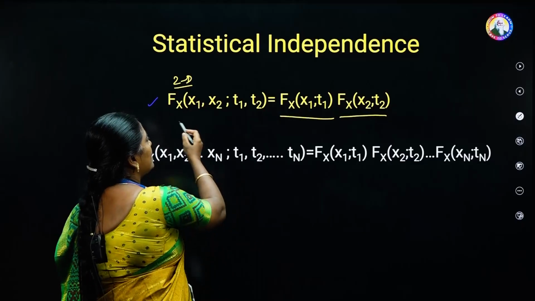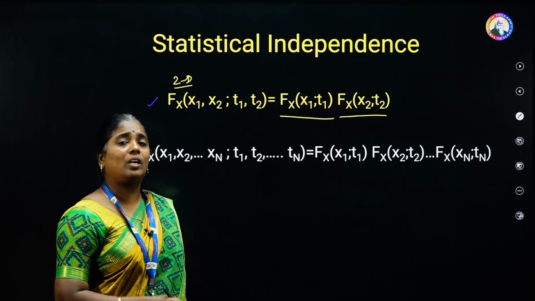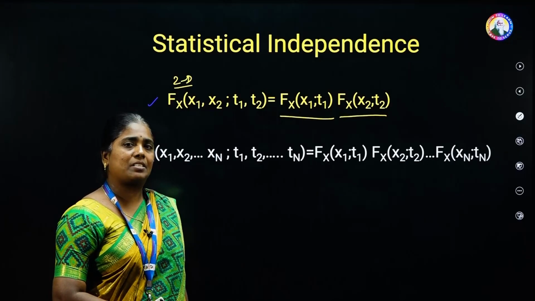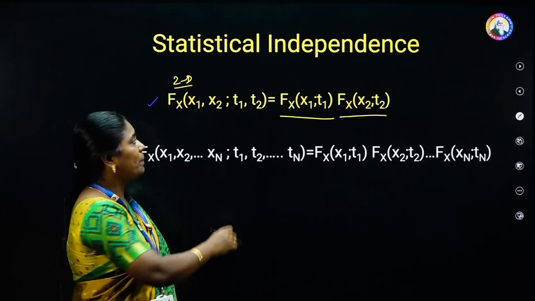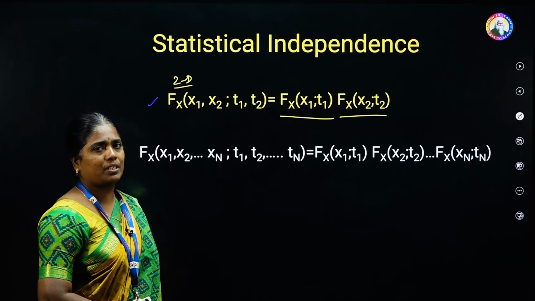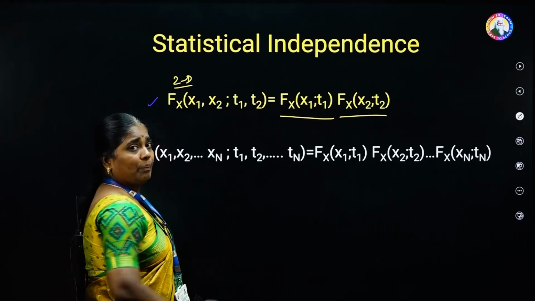Not only for the distribution function, even for the density function also. The joint density function is equal to the product of individual density functions. Instead of capital F, we can go for small f in the case of density functions. The last one is for the n-dimensional case.